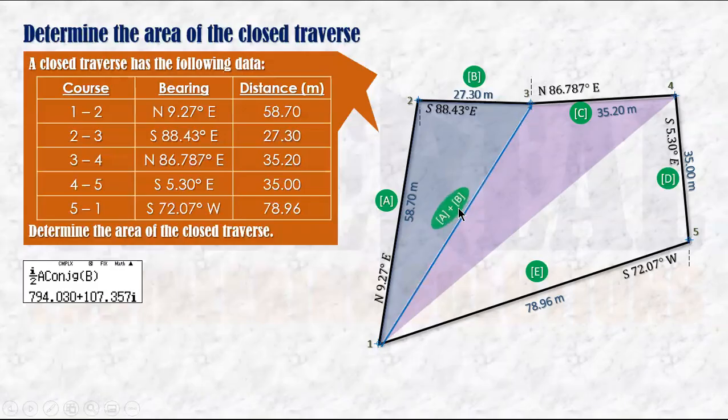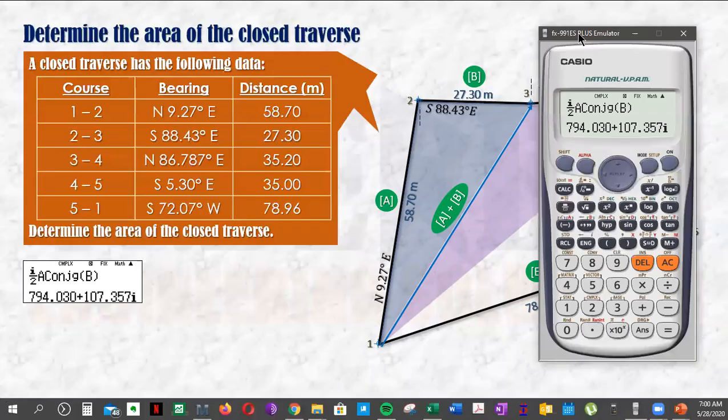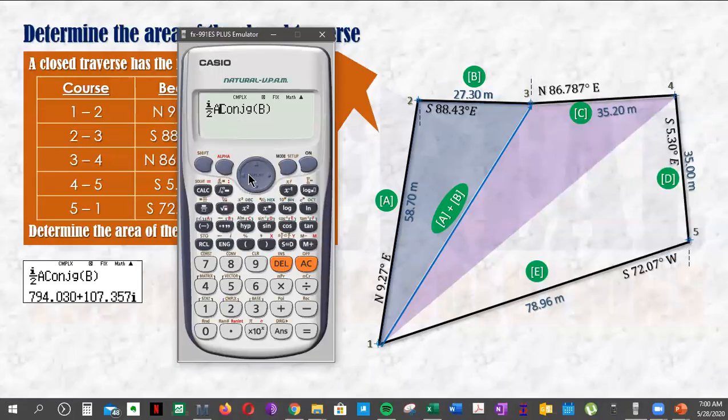So, combination siya A plus B, no? So, the triangle has an area of I/2 times, i-quantity ko ito, A plus B, ito, then conjugate of C, ito. So, it's 968.685. Ito yung area nito, no?